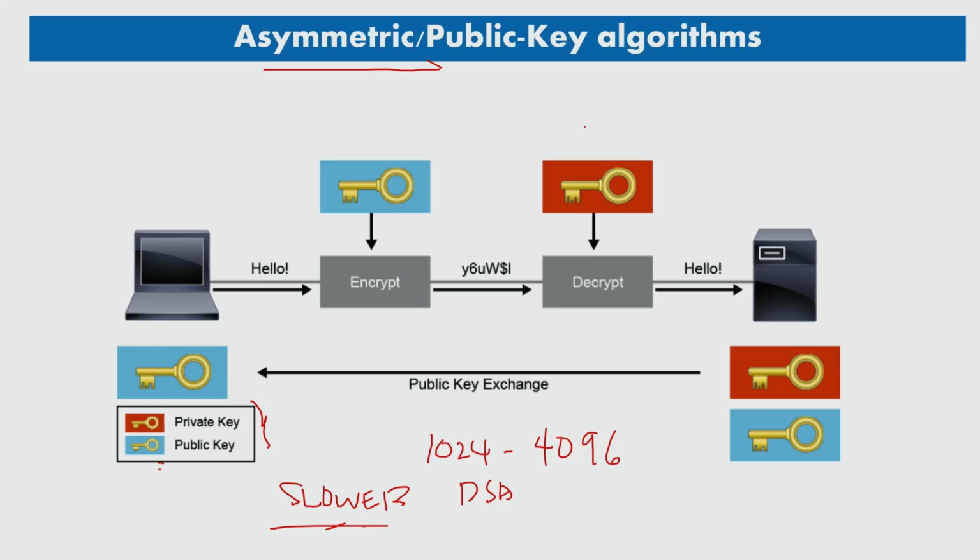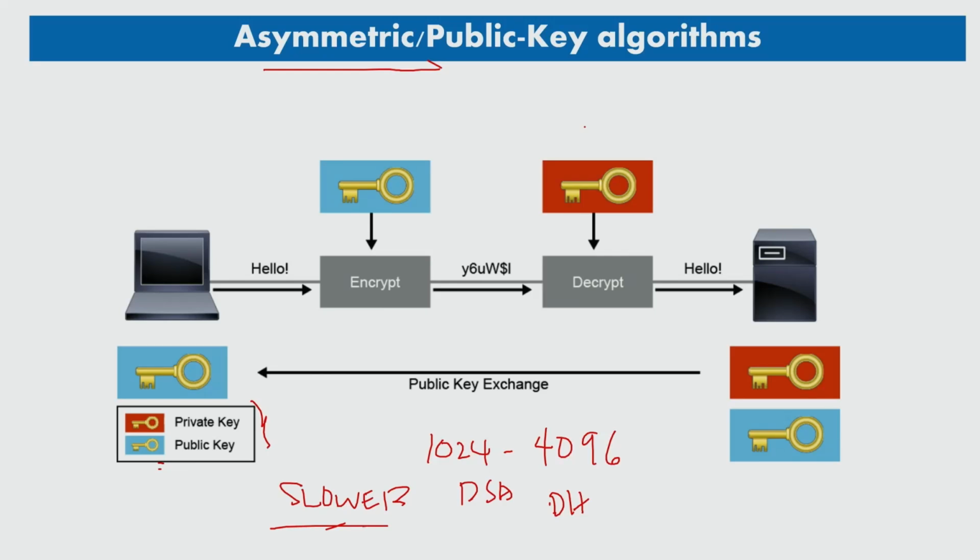The Diffie-Hellman algorithm, or DH, is an asymmetric algorithm that negotiates a shared secret key, or a symmetric key, for use by a symmetric algorithm. The Diffie-Hellman algorithm is not directly used for encryption and decryption, but it does allow two parties to generate a shared secret key for confidentially exchanging information.